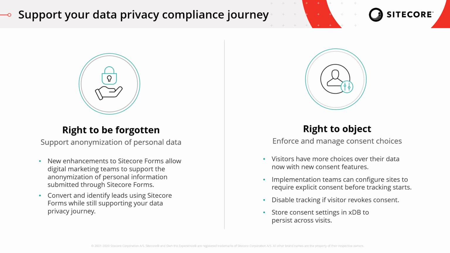The tracker is now able to be disabled based on the consent settings stored for a user. And XDB supports the ability to store these consent settings and persist them across visits for the content. This allows marketing teams to have some sites operate as they currently do, but add additional consent requirements for specific sites that need to meet stricter privacy guidelines.